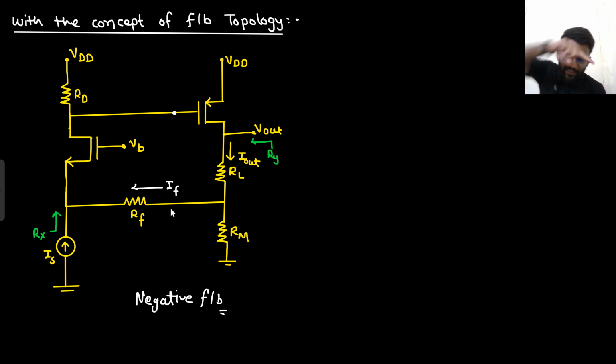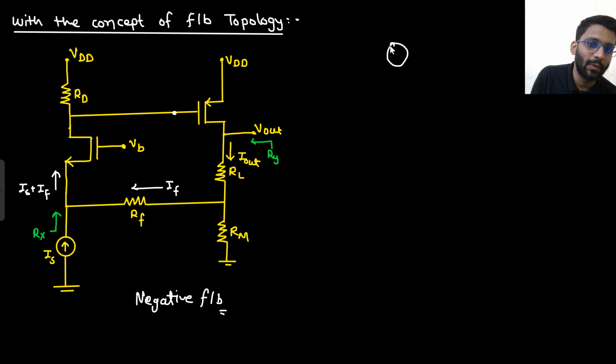Now if I take this direction of feedback, what will be fed in the input side? Is plus If. Say yes or no. So basically this will be your block diagram now. From here it is coming and you are feeding If, but that is positive. Then what will happen?